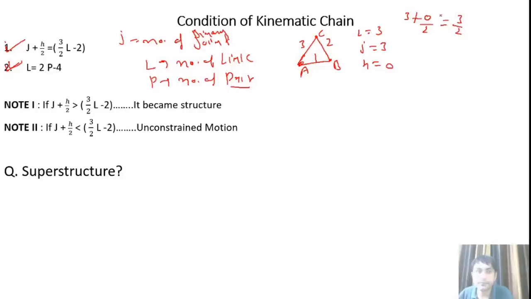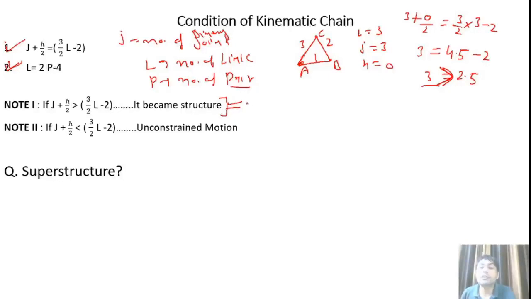What is L? The number of links is 3, so 3 by 2 times 3 is 4.5, minus 2, that is 2.5. The left side is 3, and 3 is more than 2.5, so it is like this. Then it becomes a structure.